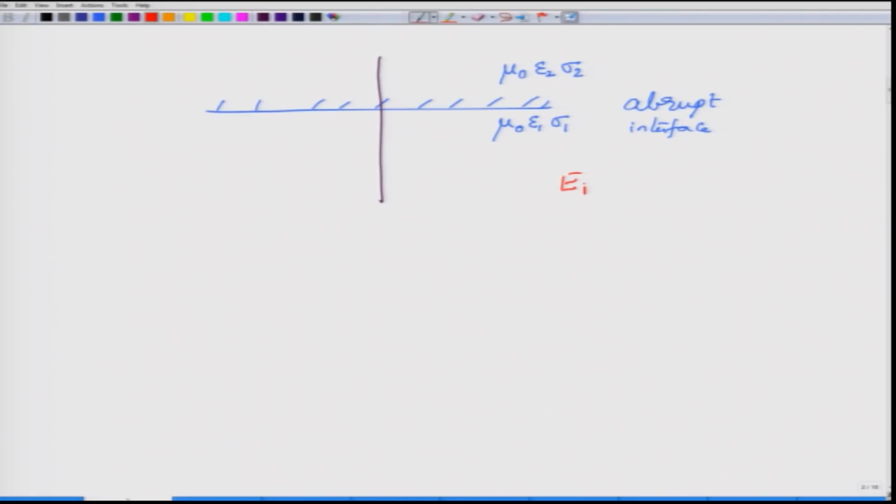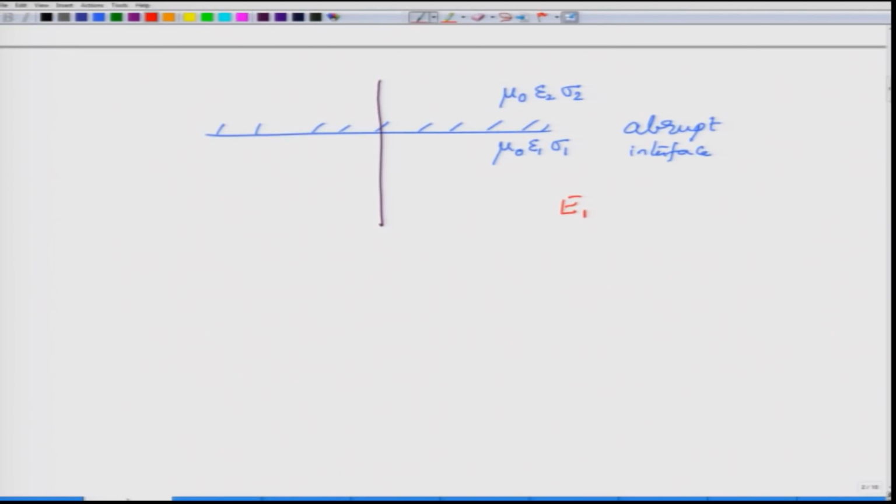So, let us say we put in all our field quantities with a subscript of 1 to indicate that these are medium 1 values, and then we put the corresponding subscript 2 for the second medium. Of course, I know that electric field, magnetic field and all the other field quantities are all vector quantities. So, I do have a vector sign on this. On the first medium I have E1, D1, B1 and H1.